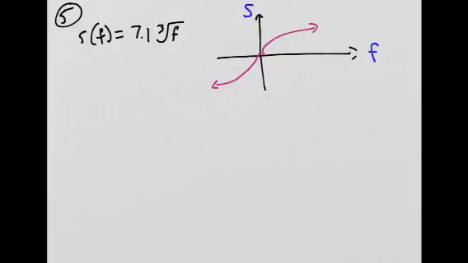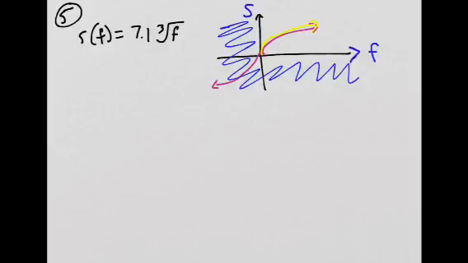The horizontal axis is the length of water over which the wind is blowing, and the vertical axis, which is usually our y-axis, is the speed of the wind. Length of water is not negative, so we're going to ignore all of this and just focus on this piece right here.